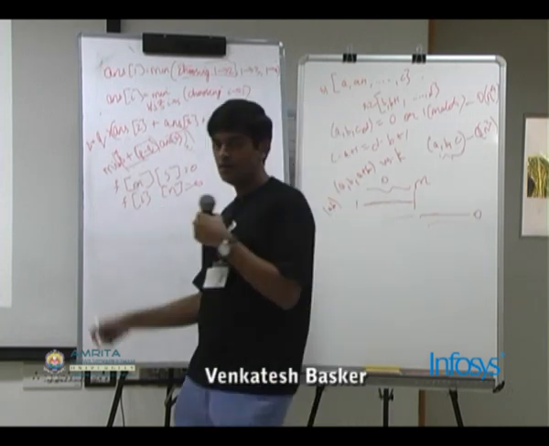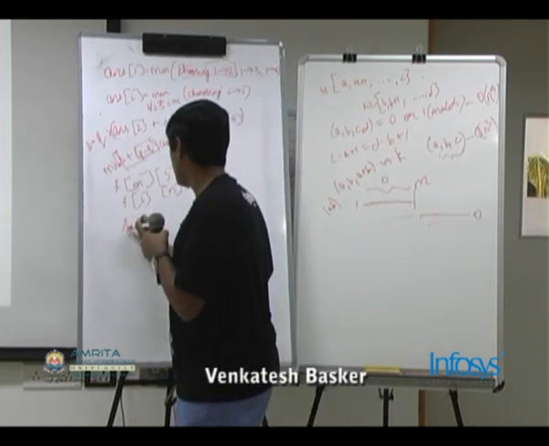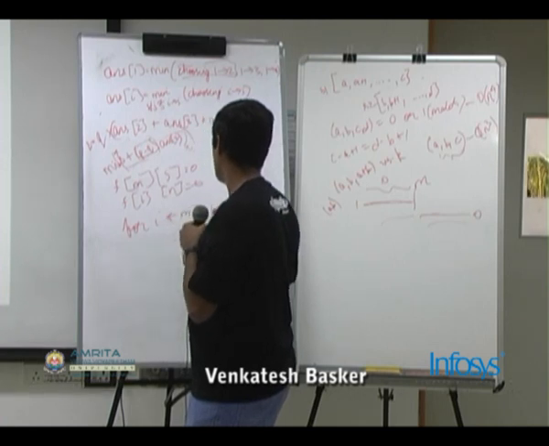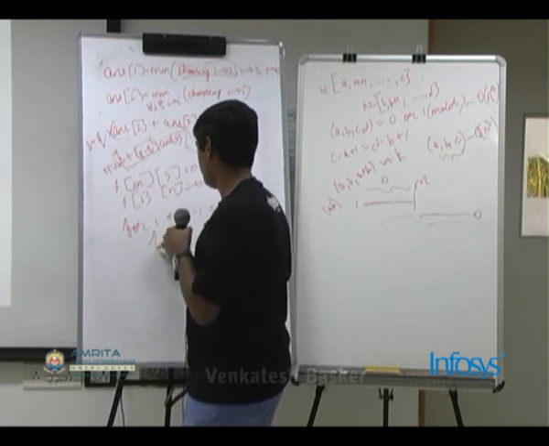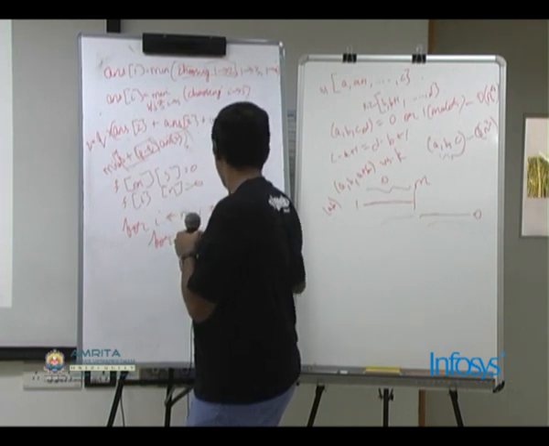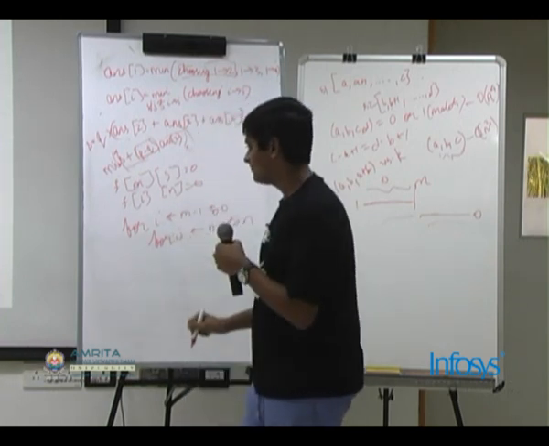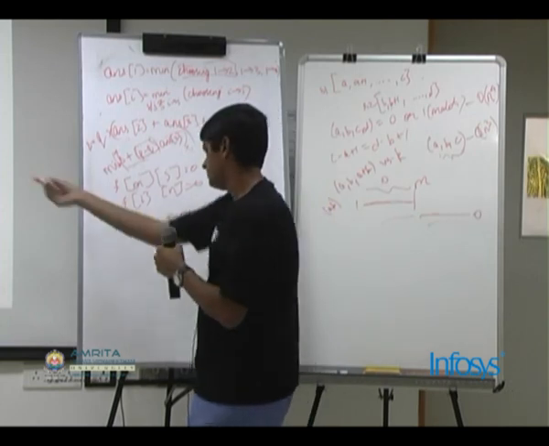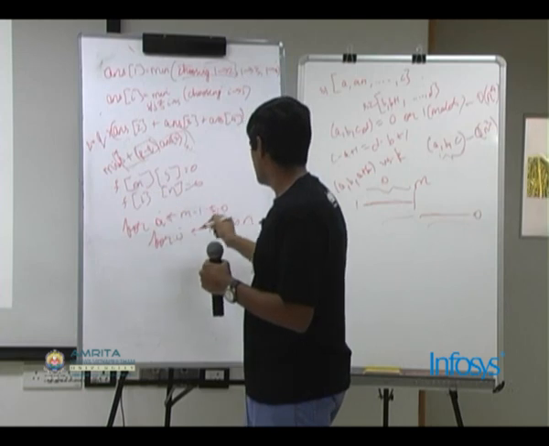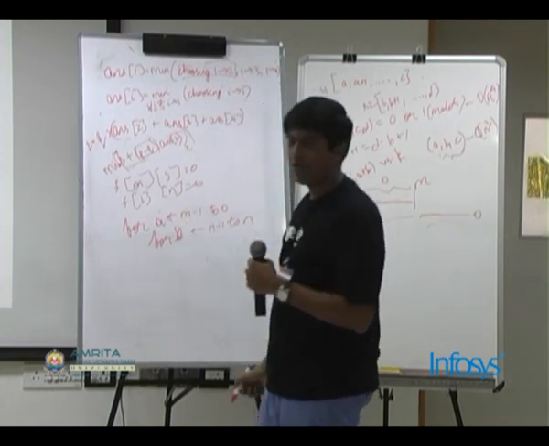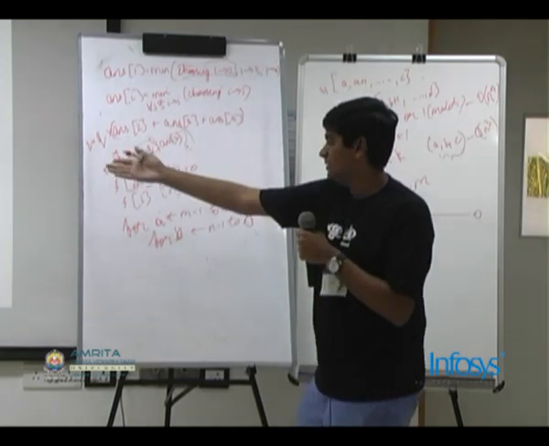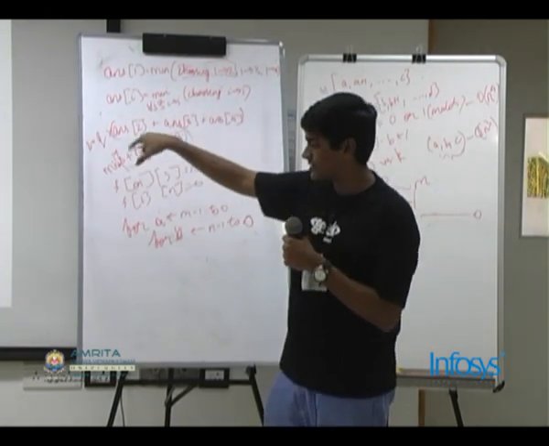Okay. So for a from m minus 1 to 0, for b from n minus 1 to 0, just replace the parentheses by square brackets.